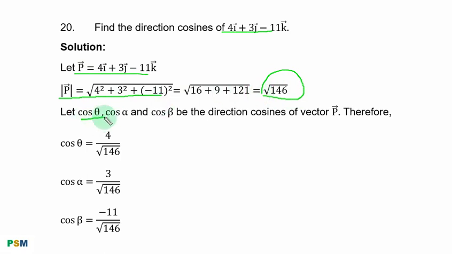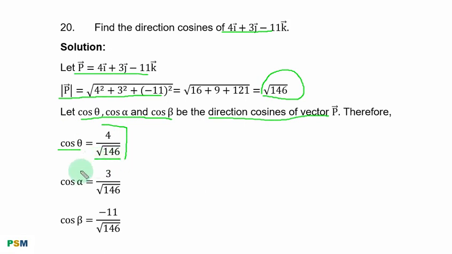Let cos theta, cos alpha, and cos beta be the direction cosines of vector P. Therefore, the first direction cosine, cos theta, is equal to the first component 4 over the modulus.